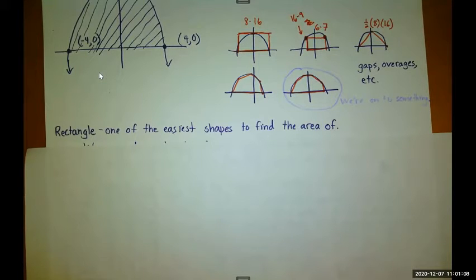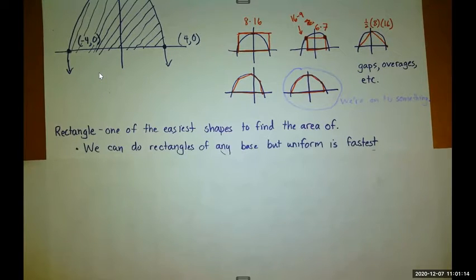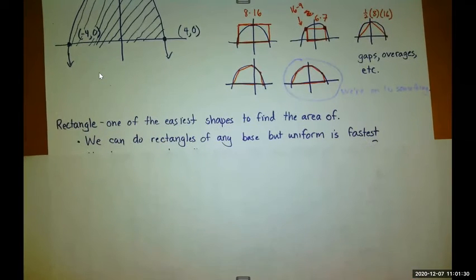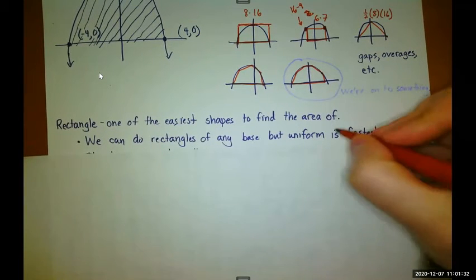Pretty easy, base times height. Okay. And we're going to draw the bases any way we want, but for efficiency reasons, we're going to use a uniform base. So uniform meaning the same or identical or equal.